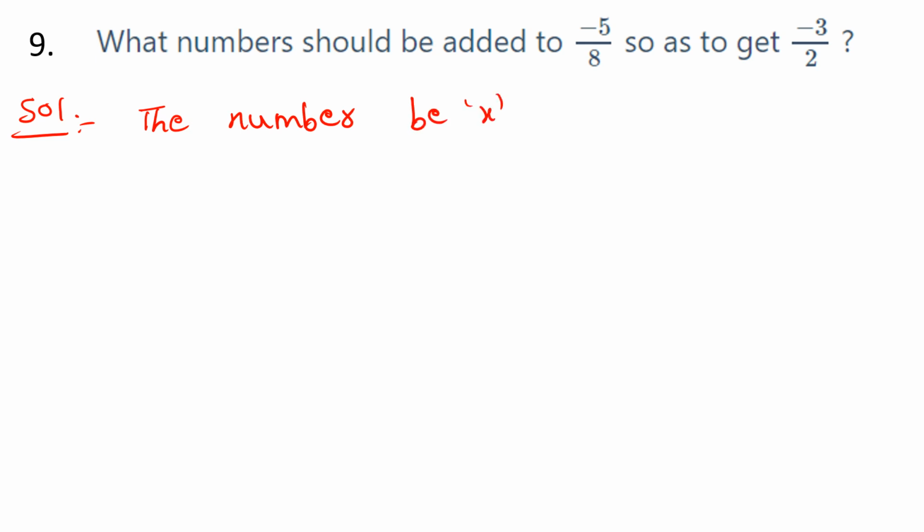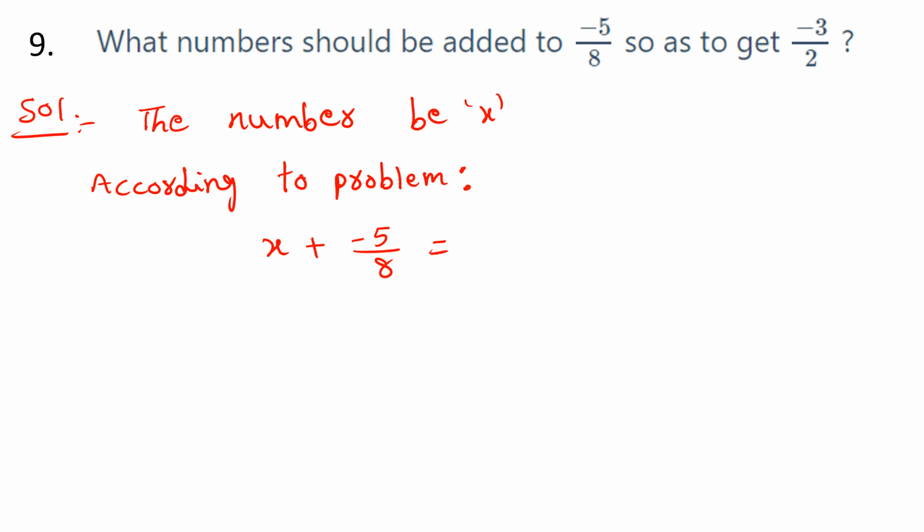According to the problem, if we add it to minus 5 by 8, it becomes minus 3 by 2.